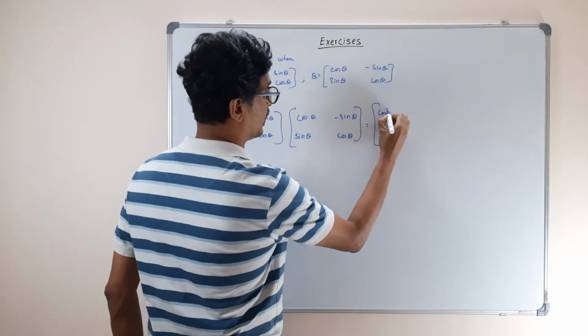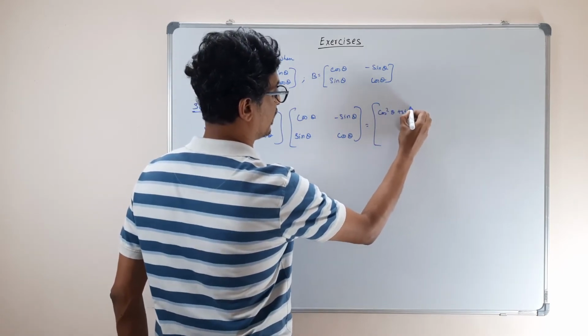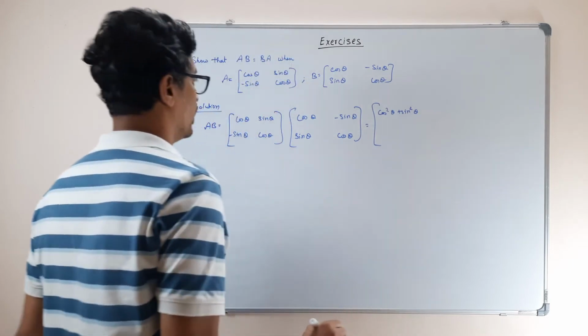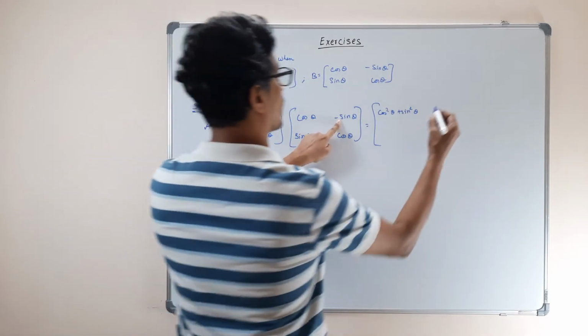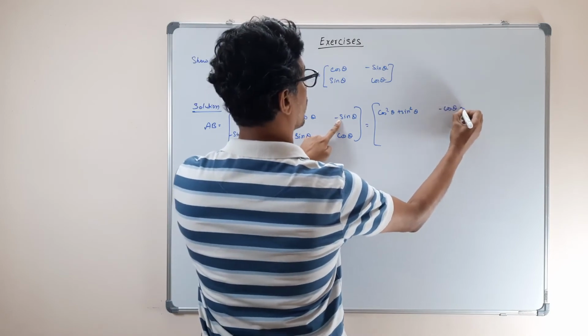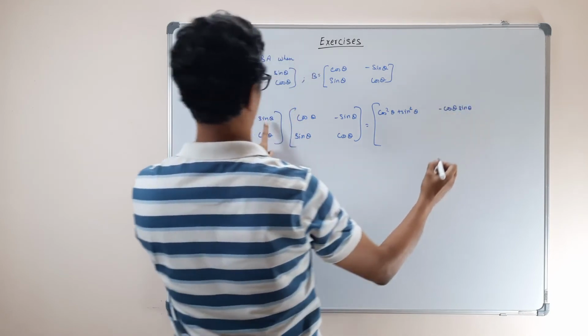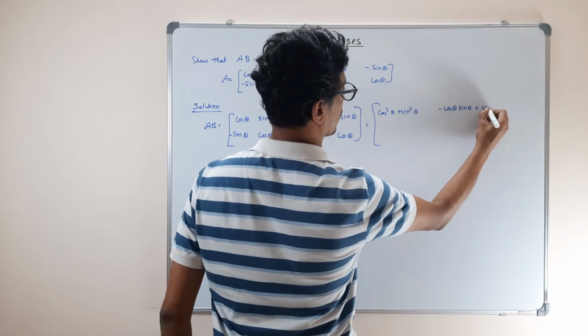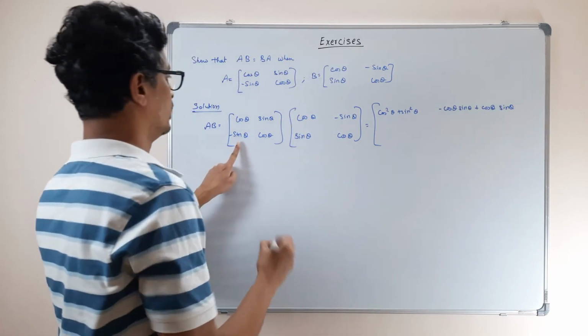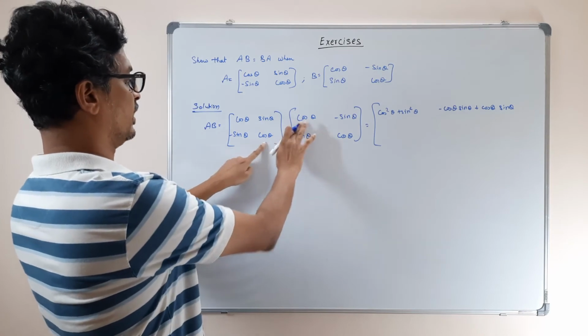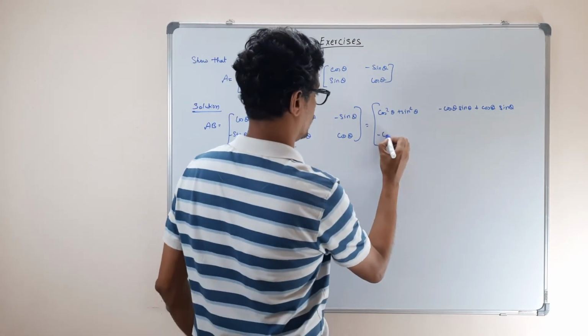You know what that is. 1, right? So this will be minus cos theta sin theta plus cos theta sin theta. So similarly here, minus cos theta sin theta plus cos theta sin theta.